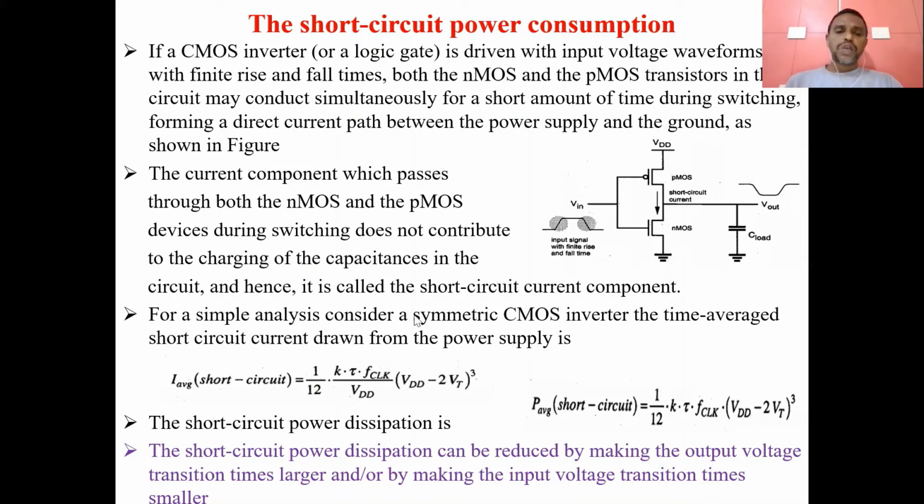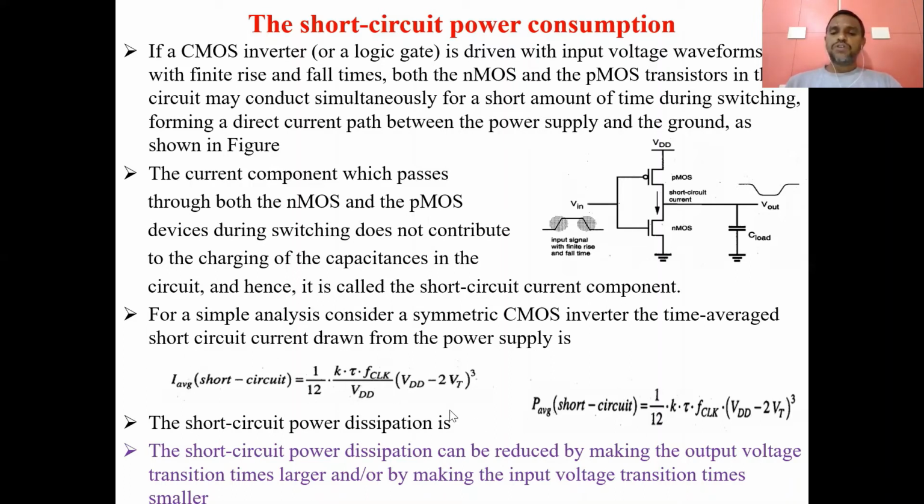Okay, for a simple analysis, consider a symmetric CMOS inverter, and the time average short circuit current drawn from the power supply is I average short circuit. Average short circuit current is equal to 1/12 K tau F clock (VDD minus 2 VT) whole cube. So this is the average short circuit current.